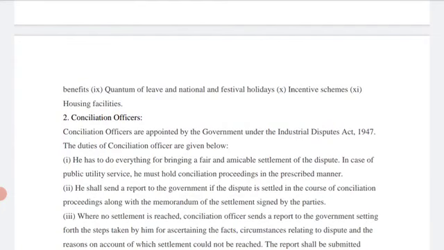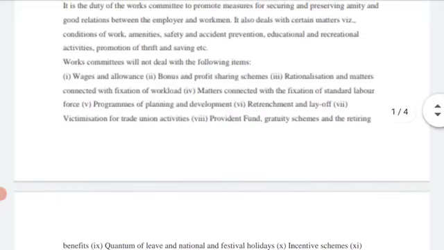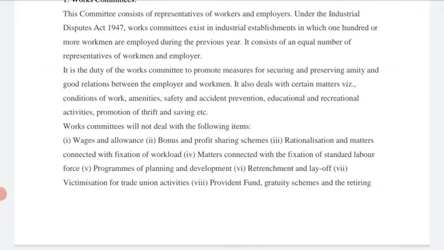These things are not included. Okay, then what is included? See, some of the facilities, conditions of work which are very much needed, they are included.